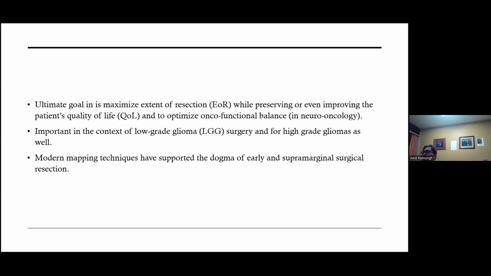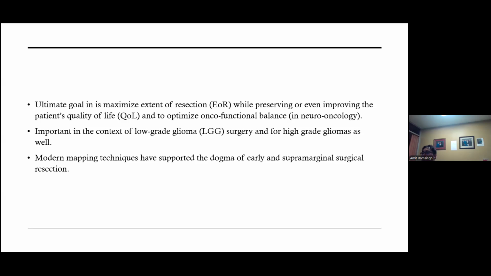So we want to maximize the extent of resection while preserving or even improving the quality of life and to optimize oncofunctional balance. So in terms of low-grade glioma surgery, and this is quite important, as well as to some degree in high-grade glioma surgery as well.